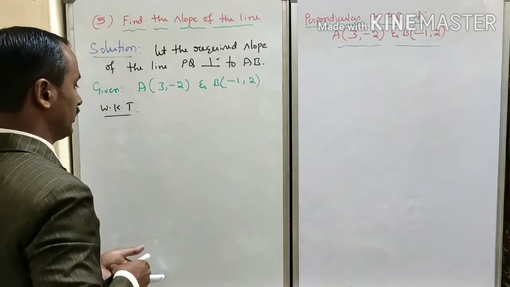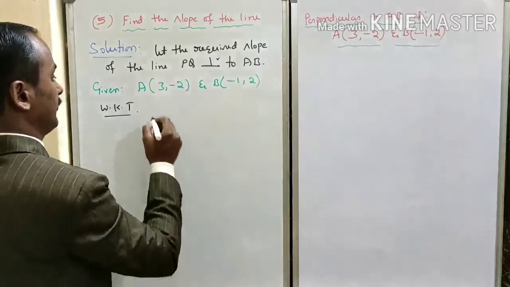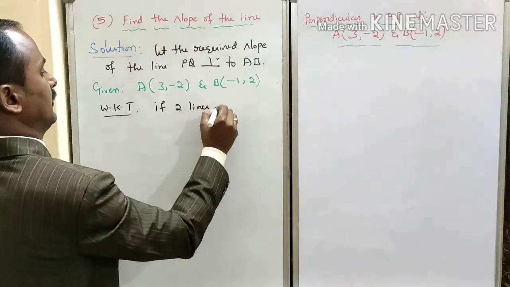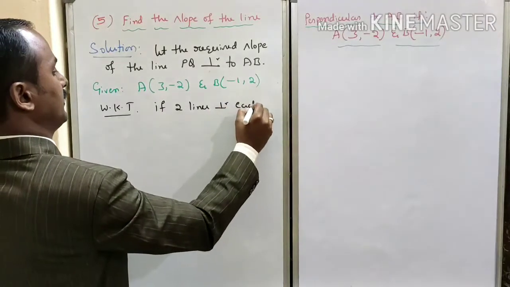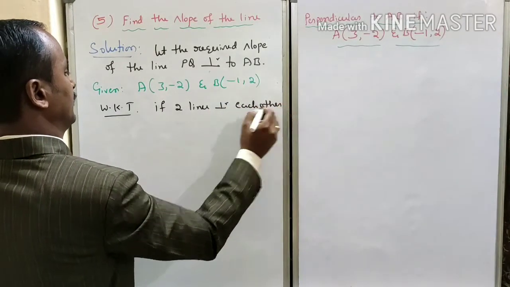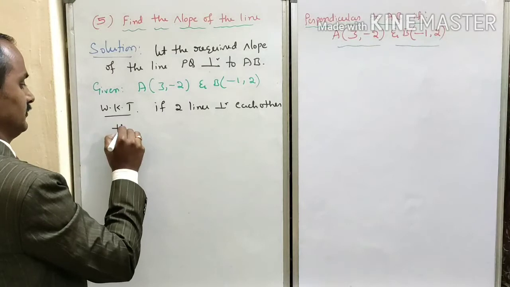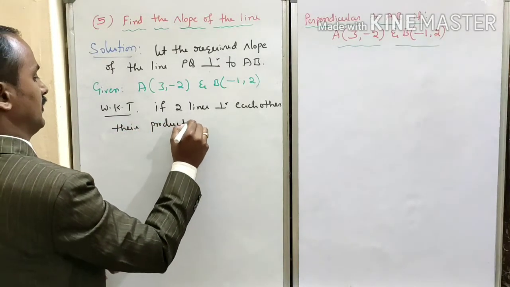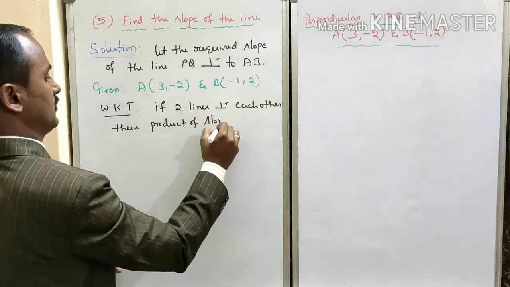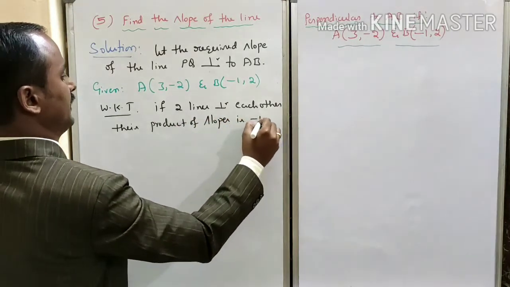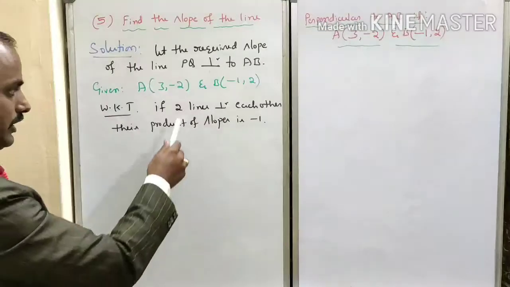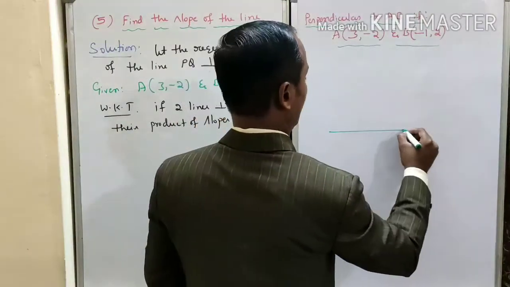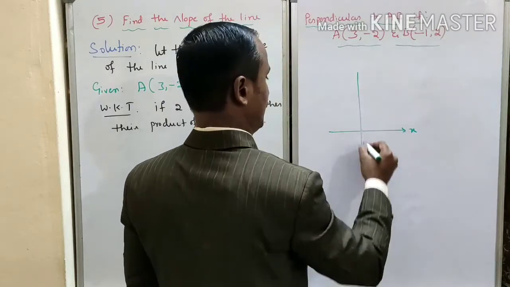Look here, last class we derived: if two lines are perpendicular to each other, the product of their slopes is minus 1.